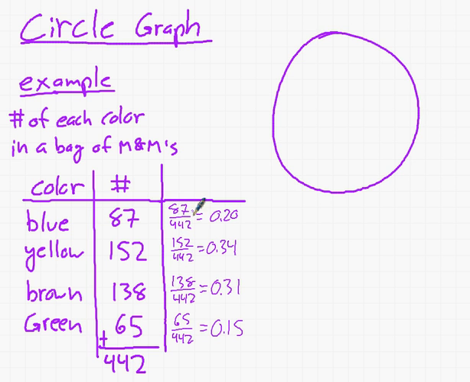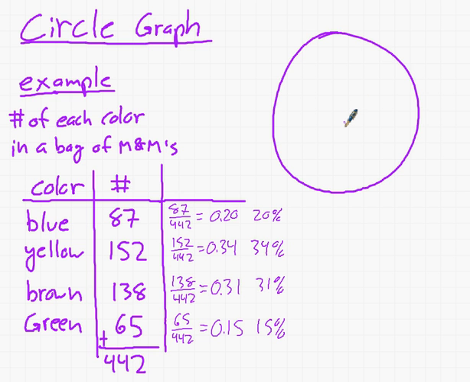So here's the results of all the percentage work. Now these of course are the relative frequencies. 0.20 would of course be 20%, 34%, 31%, and 15%.